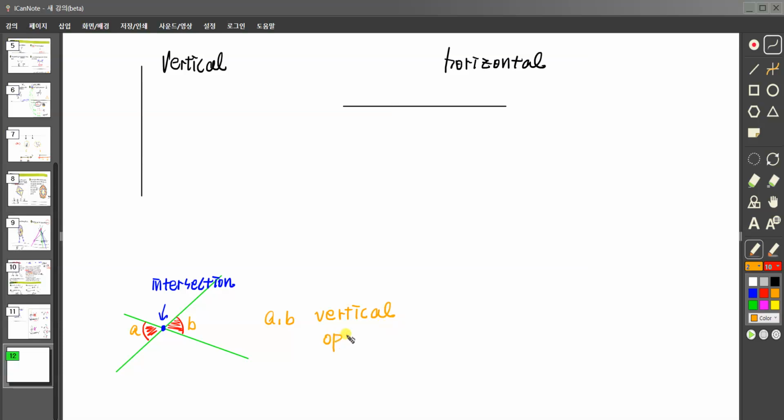That means the opposite angles, opposite angles between intersections.